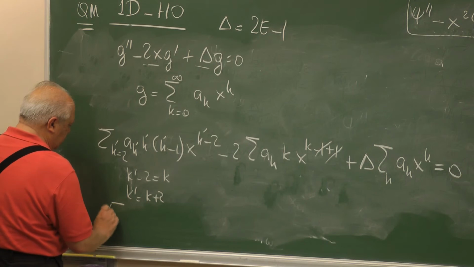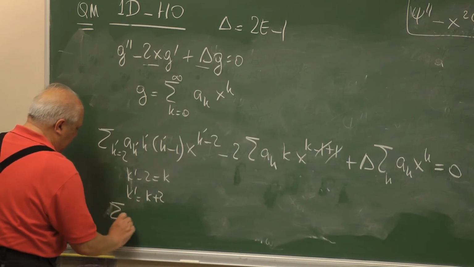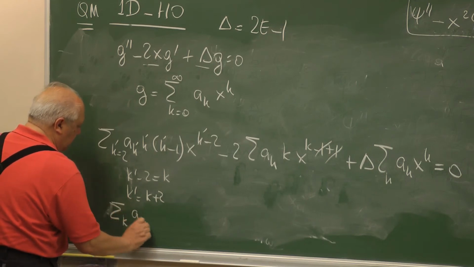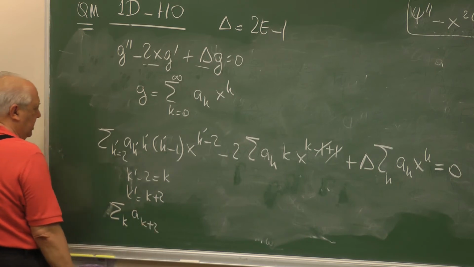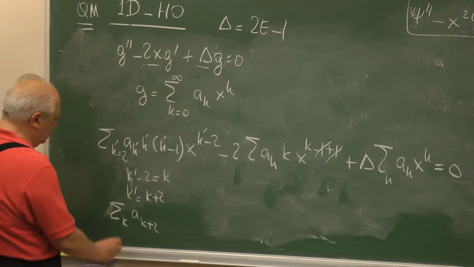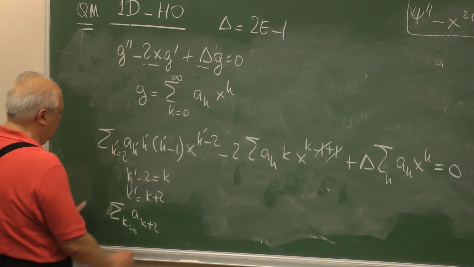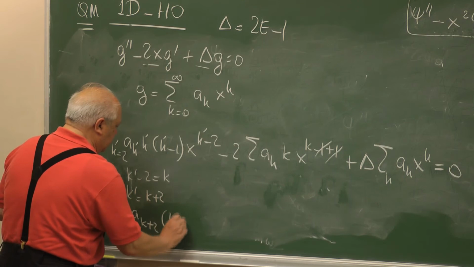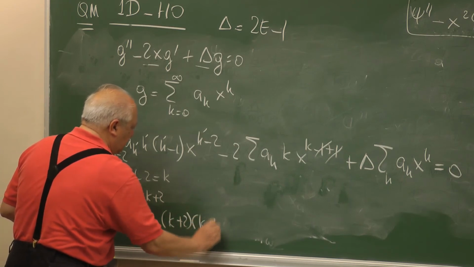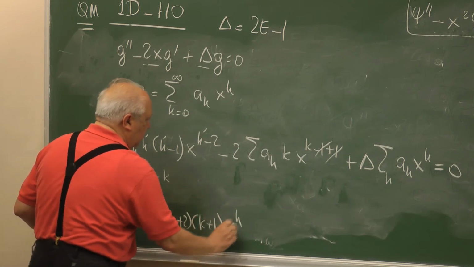So this becomes a_(k+2) instead of a_k prime, and k starts from 0: (k plus 2)(k plus 1) x^k.